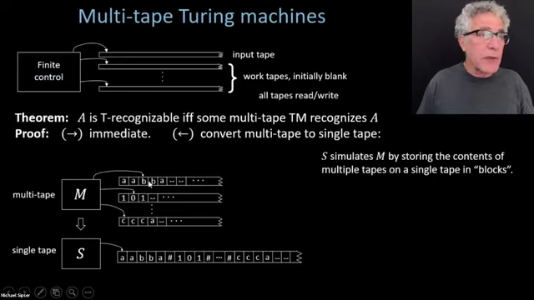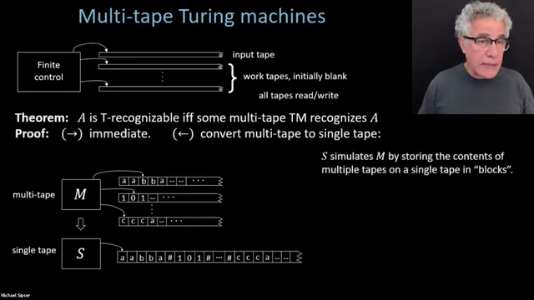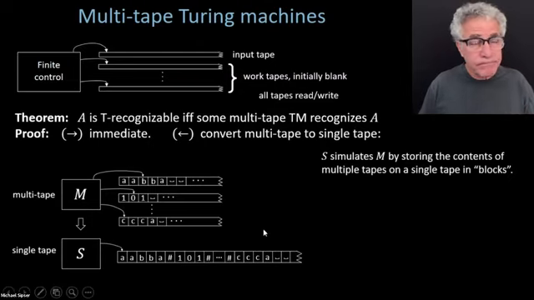So in a single step, it can obtain the information under each of its heads, feed that into its transition function, and together with its state, decide how to change each of those locations and how to move each one of those heads. So it's kind of operating on all of the tapes in parallel.